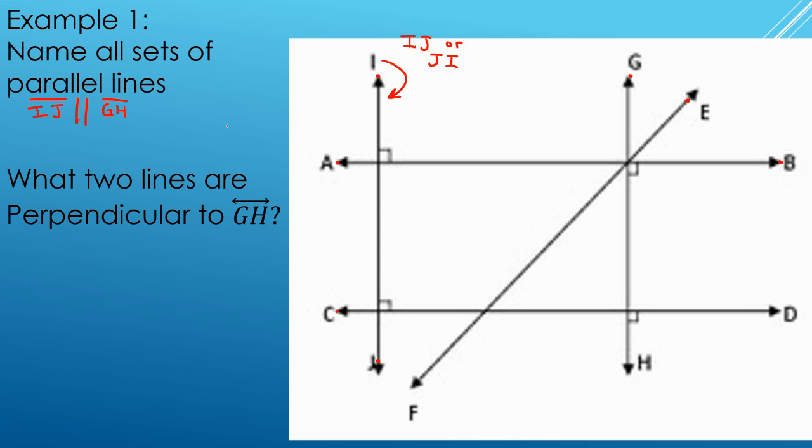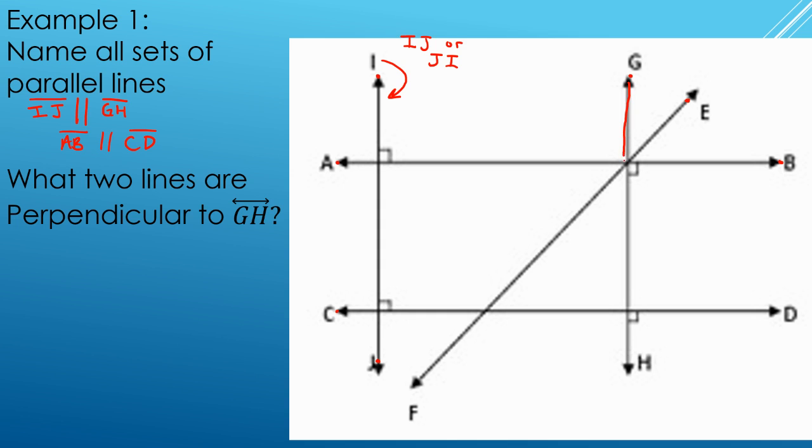Do you see any other lines that are parallel? Not to IJ and GH, but to each other. Straight across, left and right, we've got AB, and that looks like it's parallel to CD. Now, what 2 lines are perpendicular to GH? So identify line GH.